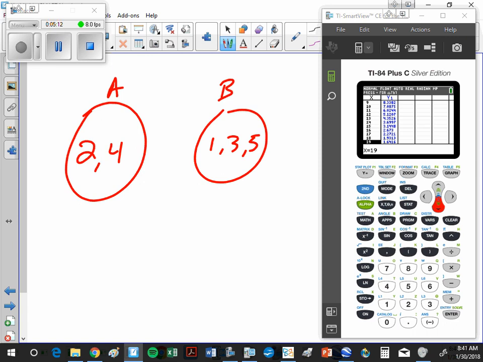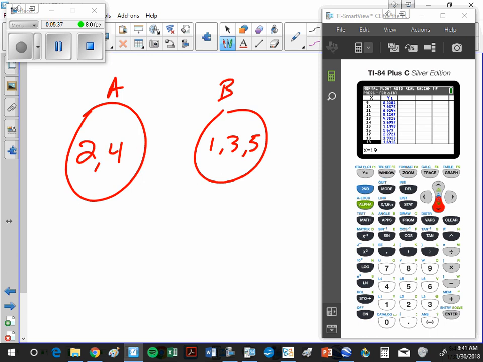What's the probability of A and B? How many ways are there to get A and get B? None. It can't happen. There's no overlap. If there is no overlap, what do we call that? Disjoint or mutually exclusive.